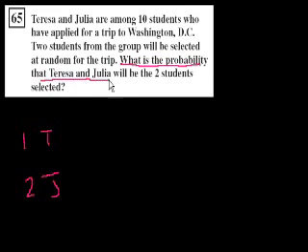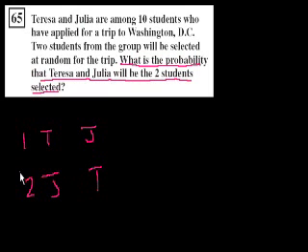Either Teresa is the first student selected and then Julia is the second, or Julia is the first student selected, and Teresa is the second. So if we figure out the probability of this happening and the probability of this happening, then we could just add those probabilities together, and then we have the probability of either of those happening.